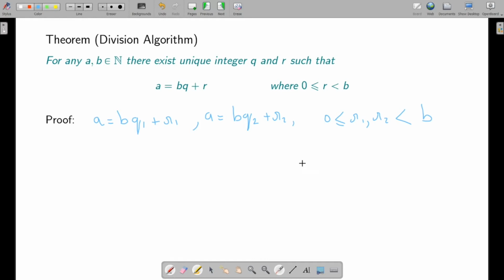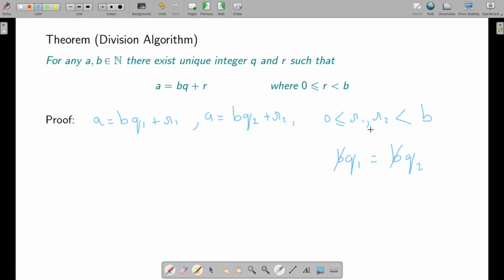Now notice here that if r1 is equal to r2, then we will get bq1 is equal to bq2. And since b is non-zero, we'll get q1 is equal to q2. So that will prove it.